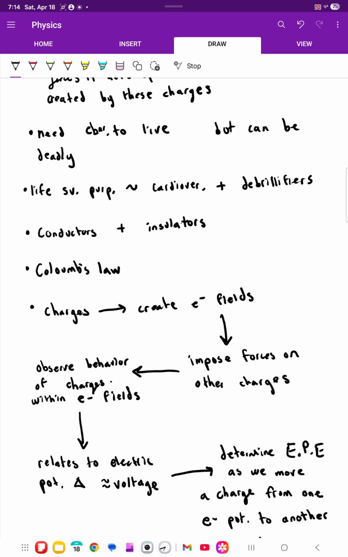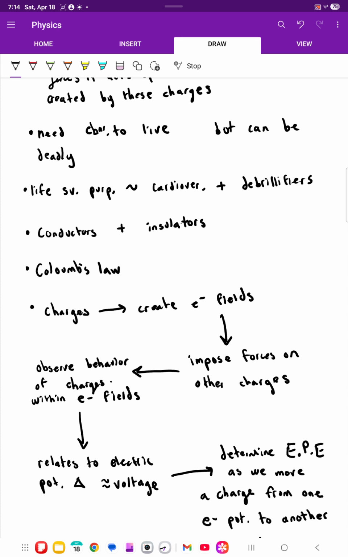And we're going to learn about Coulomb's law. Coulomb's law is basically a way to describe the force exerted between two charges. Source charges create electric fields, and those electric fields impose a force on other electric charges.